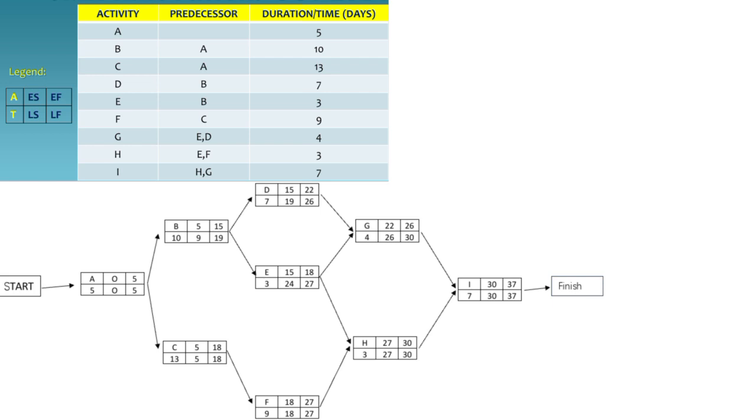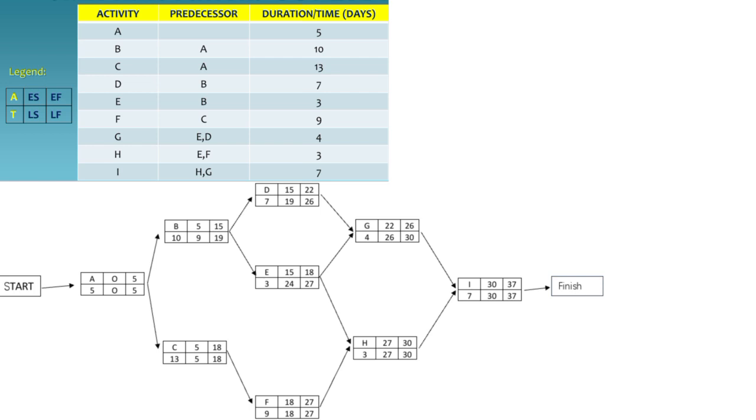Activity H. The late finish for activity H is the minimum of the late start of its immediate successors, which are activity I and G. Since both activities I and G have a late start of 30, the late finish of activity H is also 30.